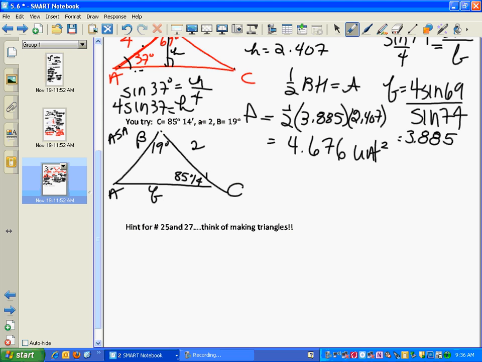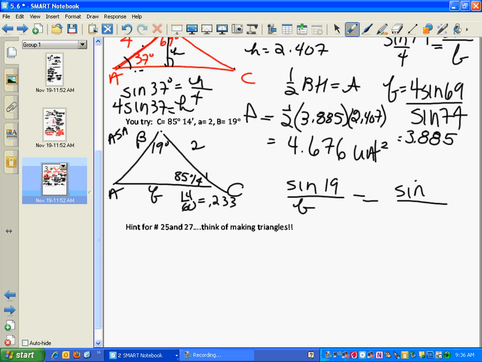So to find side b, we're going to say that the sine of 19 over little b is equal to, what am I going to write? But what is A? Well, let's figure out what this is as a degree. Does that make sense? So 14 over 60 is what? 85.233.